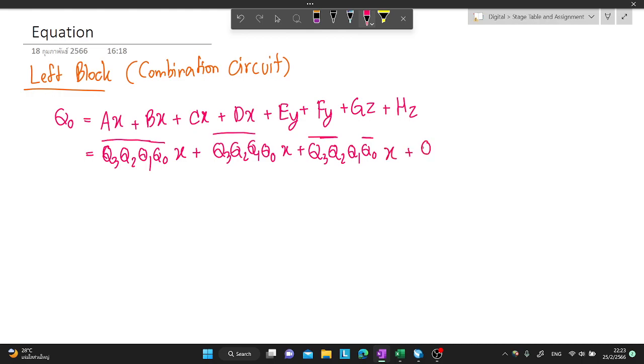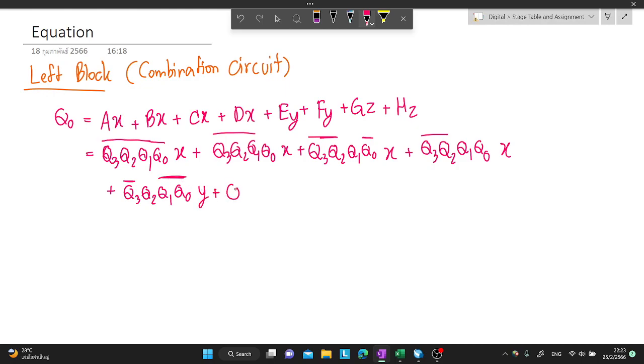D is Q3, Q2, Q1, Q0, and it's 0 at Q3, Q2, and then X, and then E. E is Q3, Q2, Q1, Q0. 0 is in Q3 and Q1, Q0.